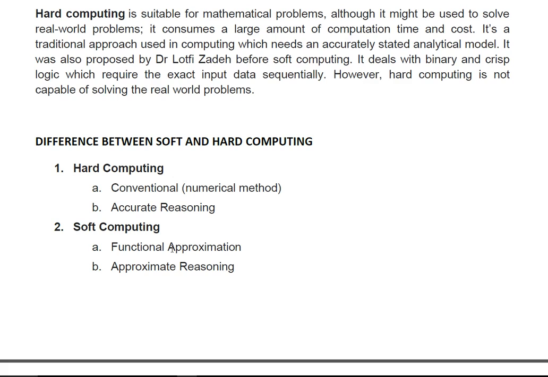So functional approximation is basically the part of soft computing, whereas in functional approximation we take not numerical methods, but values which range between 0 to 1, not 0 and 1, sorry, 0 or 1. We take 0 to 1, whereas in this case 0 or 1. That is the numerical methods we take. Here it ranges from 0 to 1.